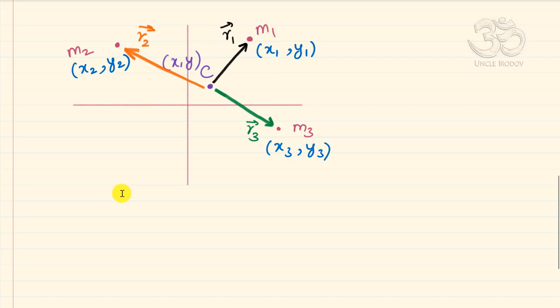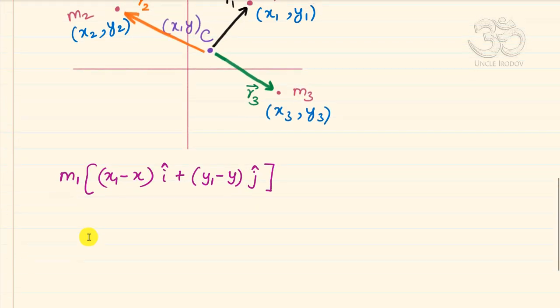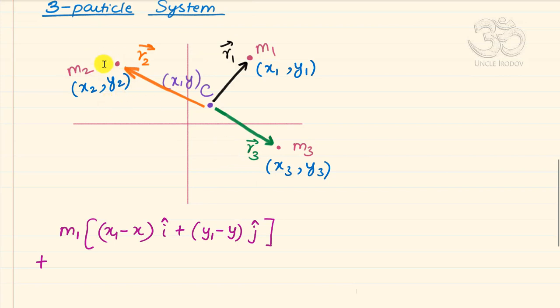So the term that I'm going to finally get is this: M1 times this vector should be the final location minus initial location, so it will be (x1 minus x) i cap plus (y1 minus y) j cap, and the second term plus I will get something of the same kind for M2.